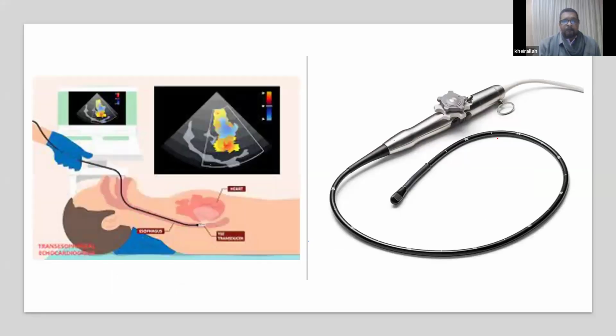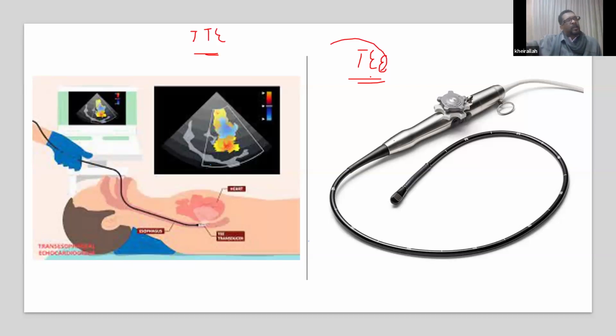Okay. We have TEE and this is the TEE probe. But remember, a TEE though it is fascinating for the fellows, its clinical utility is limited. I mean transthoracic echo is more versatile, okay, than TEE. TEE is usually done for particular reasons.